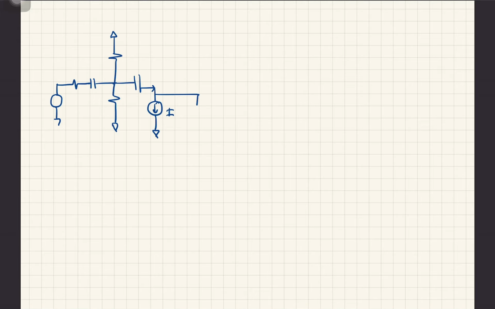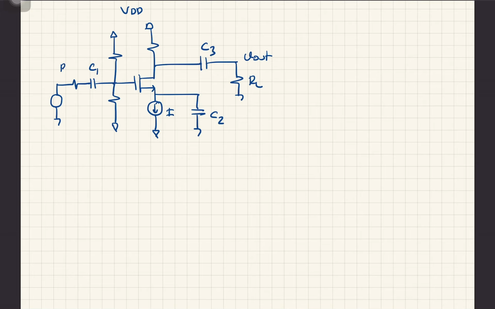I and C2, let's say this is C1. And RL, V out. C3, let's say VDD. This is source. This is VS.